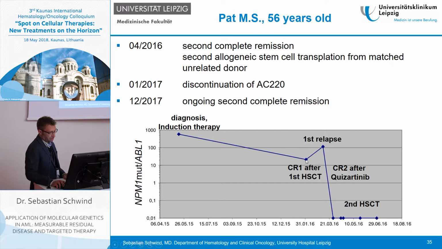This is at the time of CR after first hematopoietic stem cell transplantation. This is first relapse. So retrospectively we never had her in complete molecular remission. And this is after getting into a CR2 after quizartinib, and since then we could not detect the NPM1 mutation.